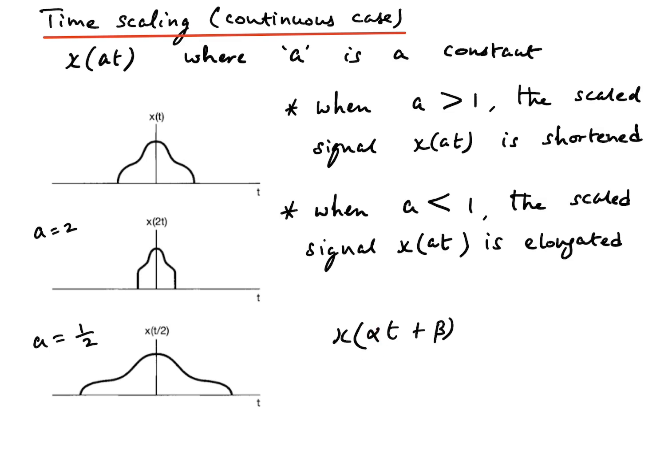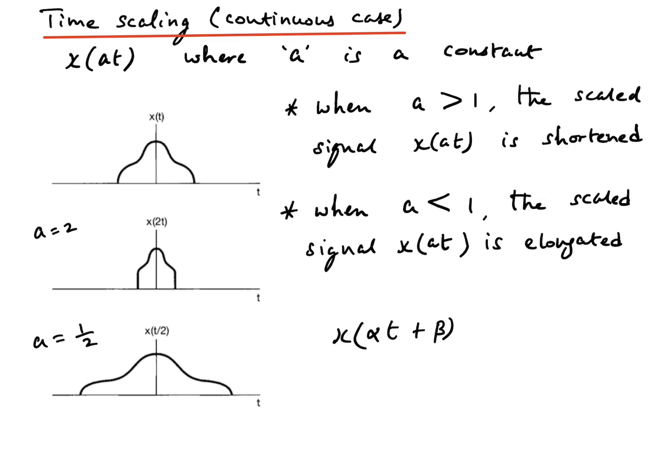So alpha is the scaling parameter, beta is the shifting parameter, and if alpha has a minus with it, it will be a scaling along with the time reversal as well. Okay, so if alpha is a positive number, then it is just a scaling. If alpha is a number with a negative sign in it, that will make it x of minus alpha t, right? So that will be a scaling as well as a time reversal and some shift.